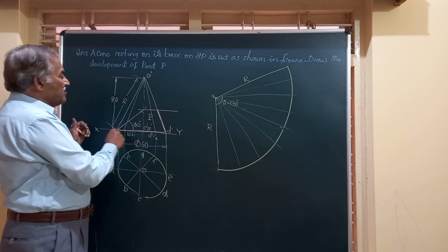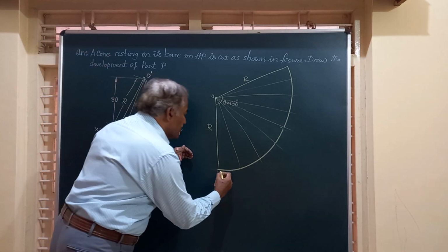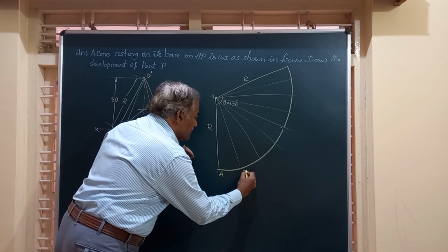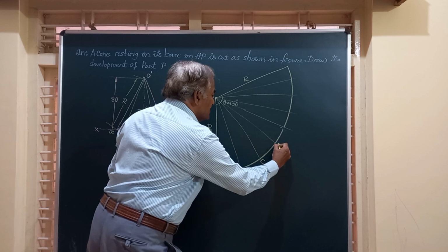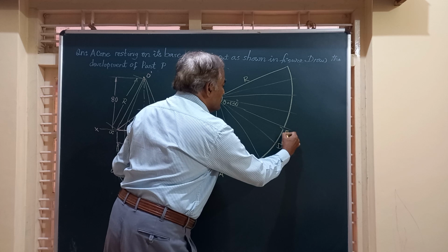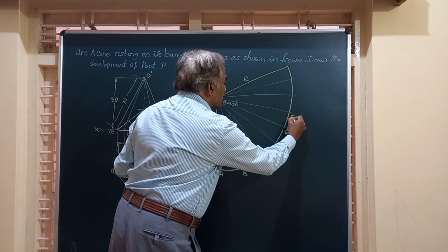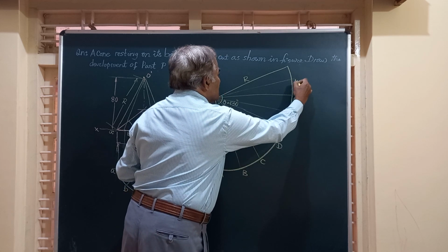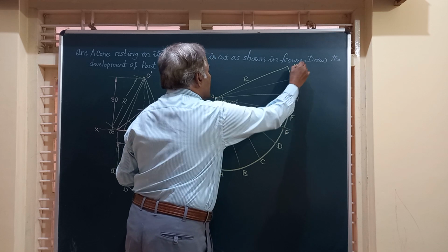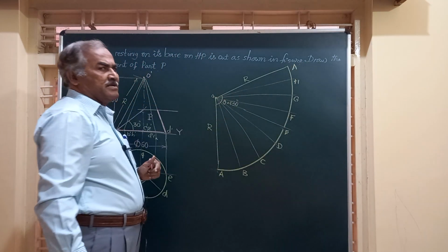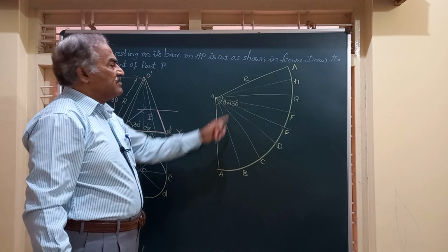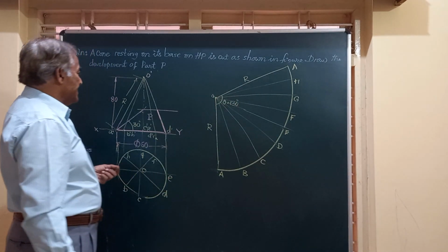So we have to draw the development commencing from OA. So this is A, B, C, D, E, F, G, H, and again A. You should get the same marking for the last two generators.